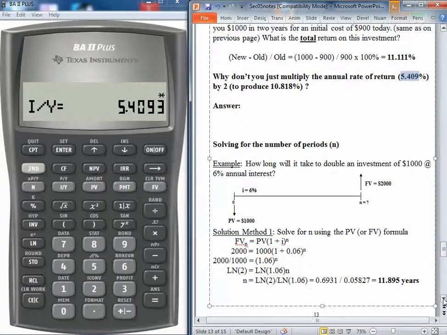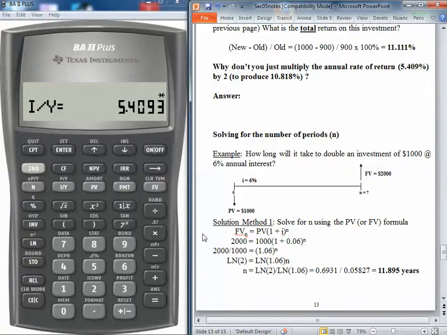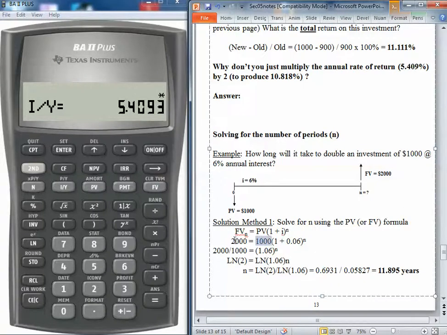Let's also look at a problem where we can solve for the number of periods. So, how long will it take to double an investment of $1,000 at 6% annual interest? Solving this numerically, I could once again use my time value of money, present value functions. I would start with $1,000. I would receive $2,000.